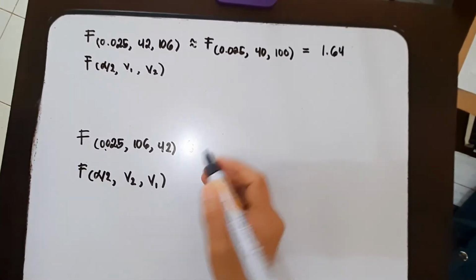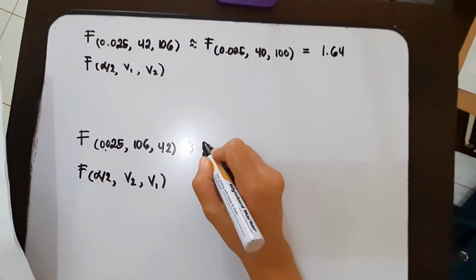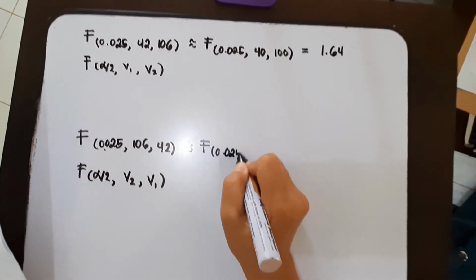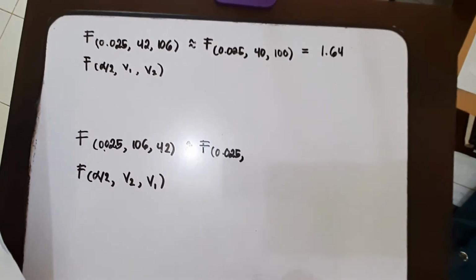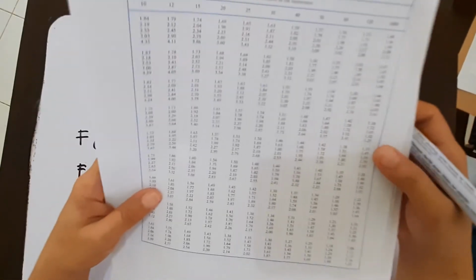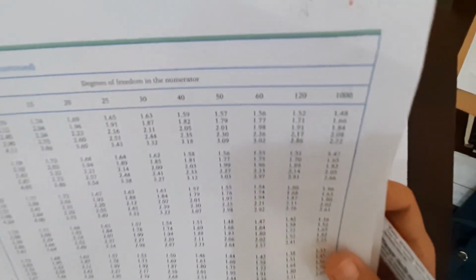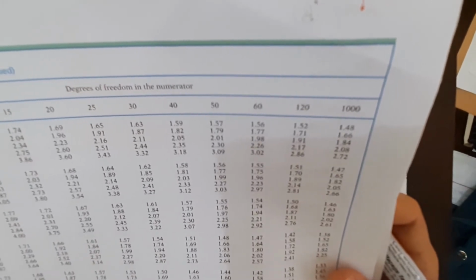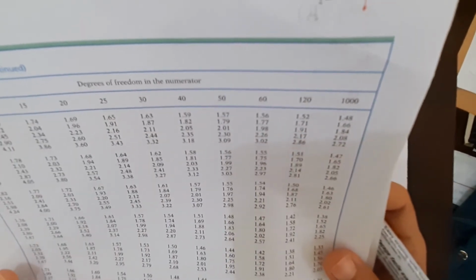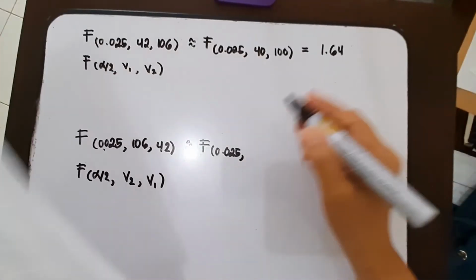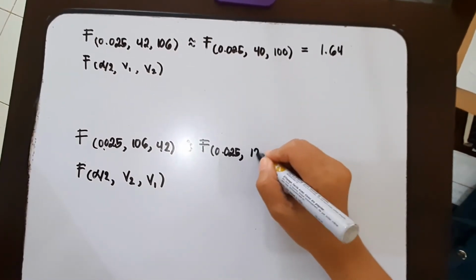How about for the second example? We have 0.025, still the values considered to be in the middle. Our numerator is 100. We can observe that we only have 60 and 120, so we will consider 120 here.